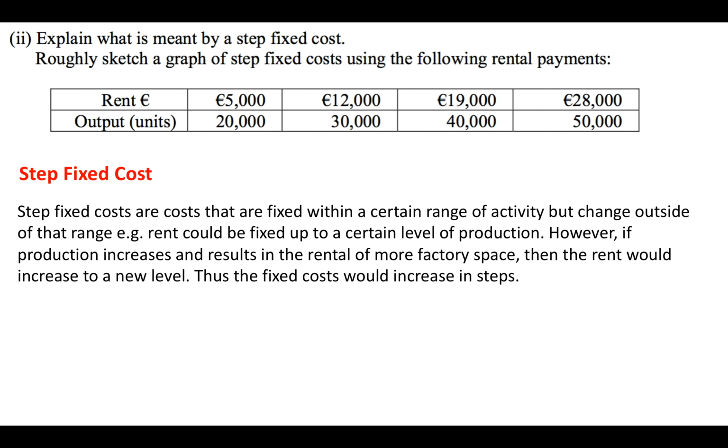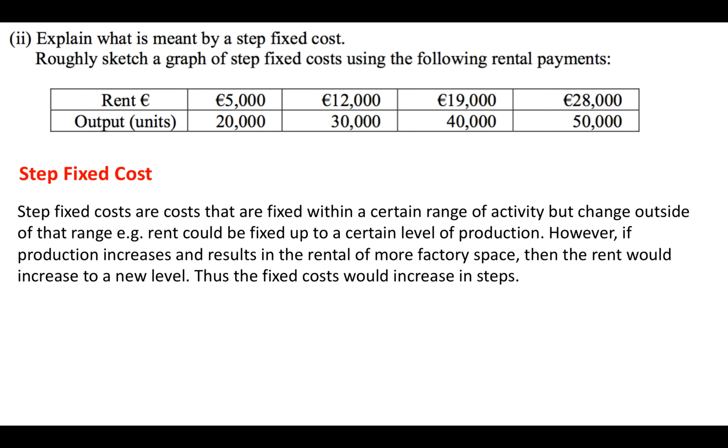Step fixed costs are costs that are fixed within a certain range of activity but change outside of that range. For example, rent could be fixed up to a certain level of production. However, if production increases and results in the rental of more factory space, then the rent would increase to a new level. Thus, the fixed cost would increase in steps.